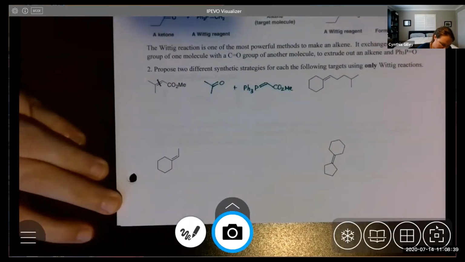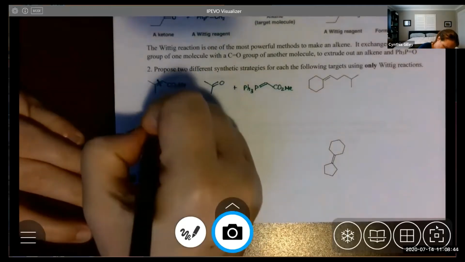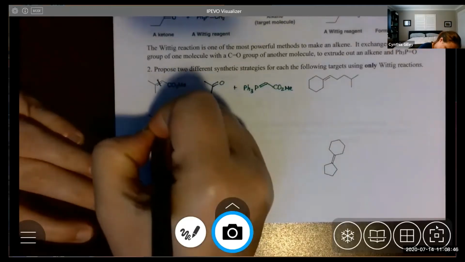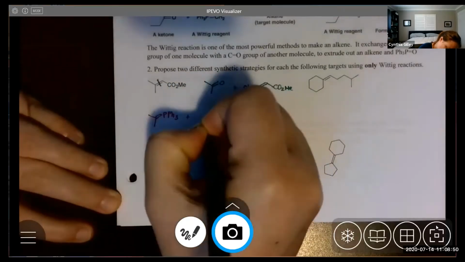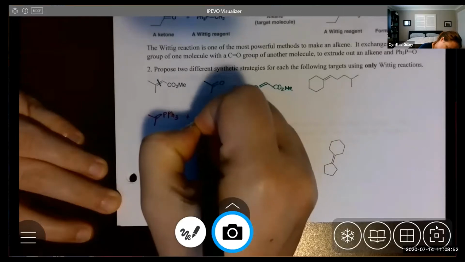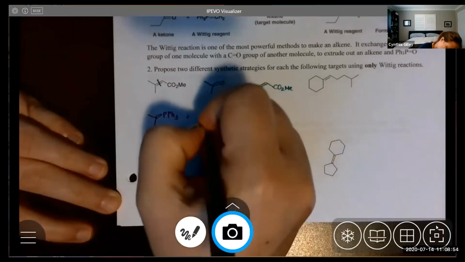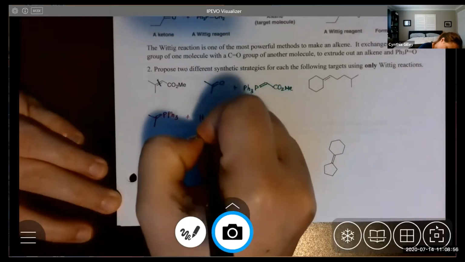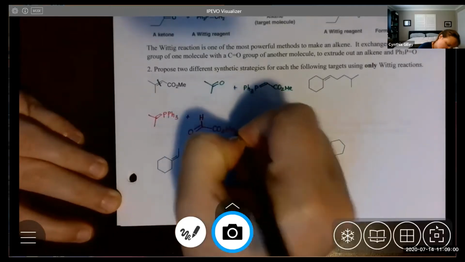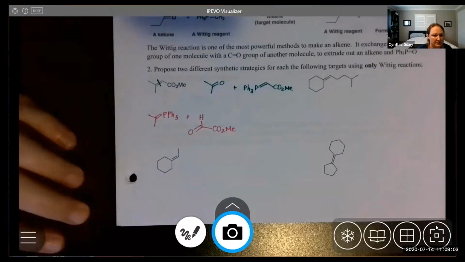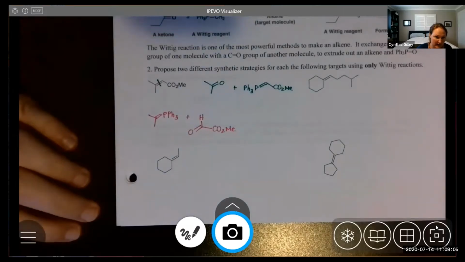Or you could have the opposite: the ylide is on the left, and the carbonyl is on the right. So either way.